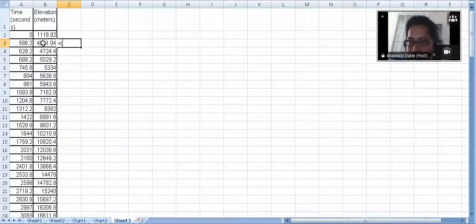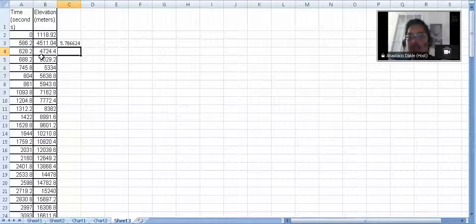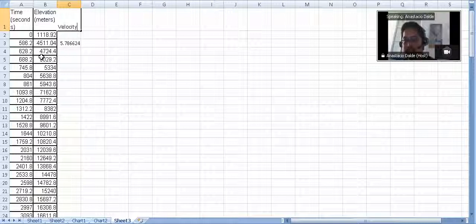So I'm going to put a parentheses, this minus that, divided by the change in time, which would be that minus that. So I'm going to put another parentheses, that minus that. Are we cool? And I'm going to label that velocity, and the units are meters per second.